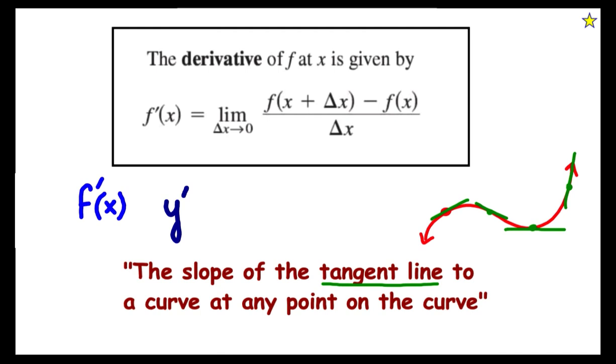There are 2 other ways to say the derivative, and they're going to become the ways that we normally use all the time. One of them is dy dx. It has the appearance of a fraction, dy over dx. It's actually read the derivative of y with respect to x.